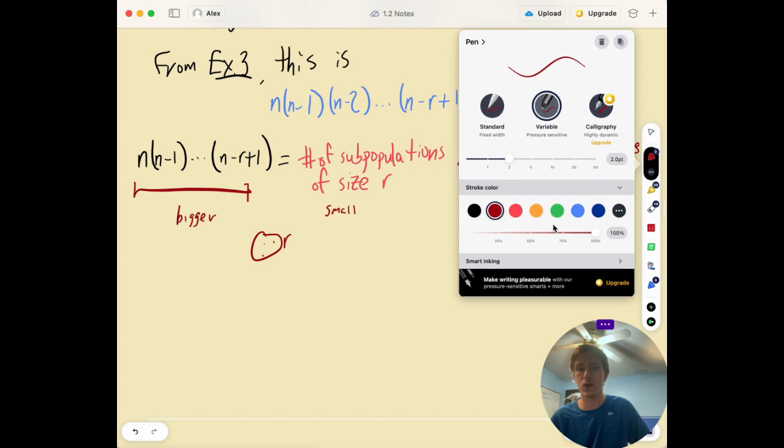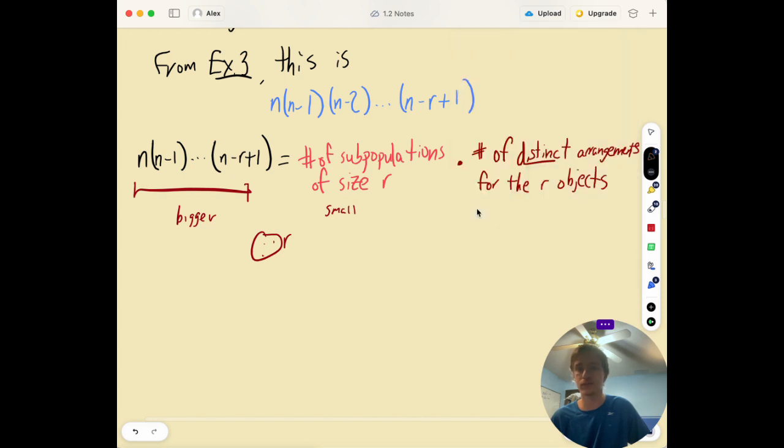Well, that's not too difficult to figure out. I'll actually just do it in the same color. So for this, assume we have r objects, and we want to figure out how many ways there are to arrange r objects in r slots. Eventually we get to the rth object.